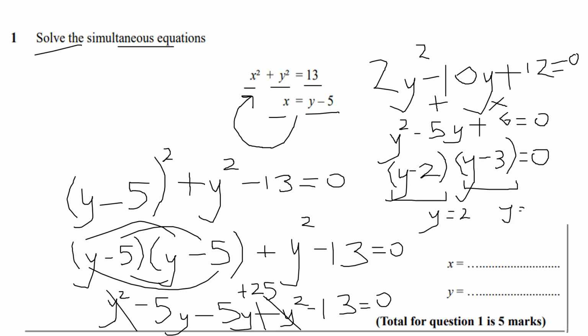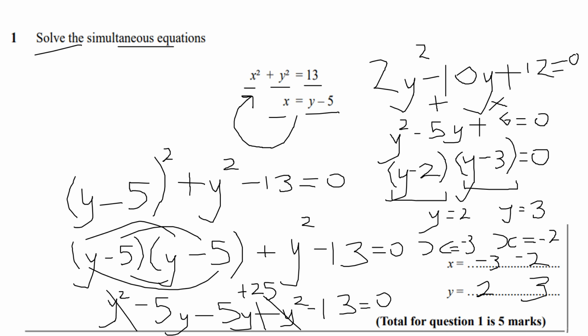I'm now going to substitute these two values into my second equation to work out x. So x equals y minus 5. So 2 minus 5 will be minus 3. And then this next one, 3 minus 5 will be minus 2. So my solutions are as follows: x is minus 3 and minus 2, and then y is 2 and 3, that correspond.